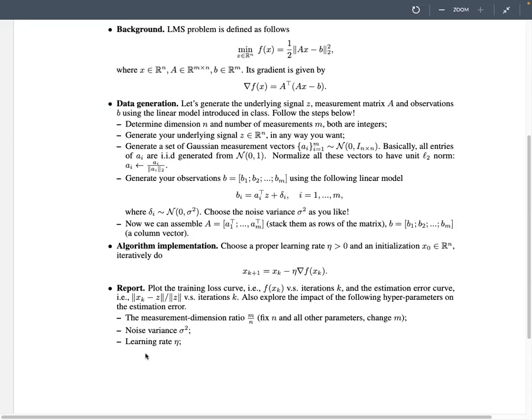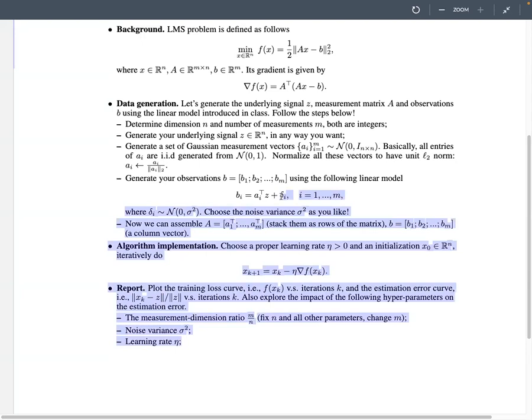Now, intuitively, if you have more measurements, you have more data, you are expected to get a better estimation. The second thing is the noise variance, sigma square. If your noise level is bigger, so the data is more corrupted, the estimation error will be higher.